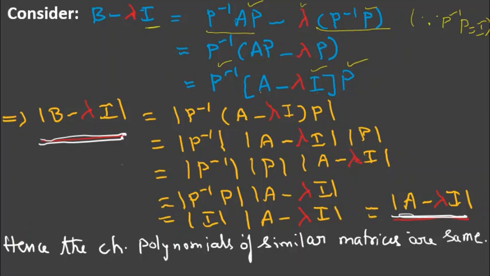Now, what is det(B - λI)? That is the characteristic polynomial of B. What is B here? B - λI is whatever you simplified it.